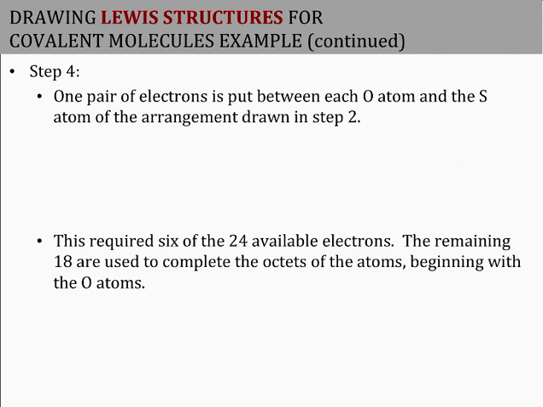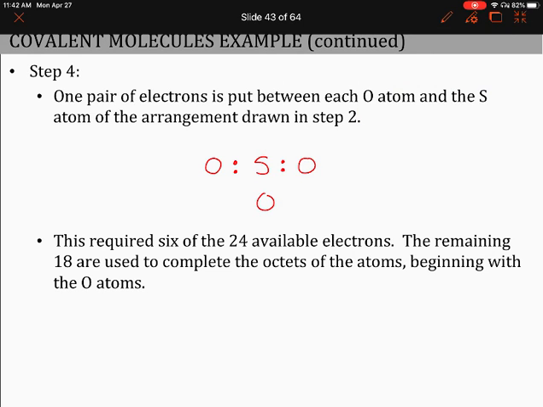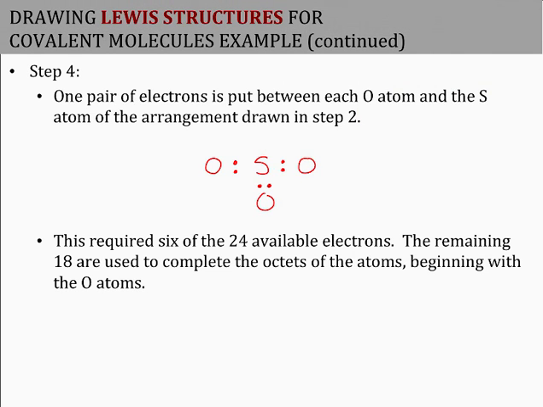All right, so now we're going to place 1 pair of electrons between each oxygen atom and sulfur. So we're making our bonds. And I guess maybe I should draw this pair sideways so it makes a little more sense. So I'll draw this one sideways. There we go. Okay, so let's subtract. So we use 2, 4, 6 electrons.